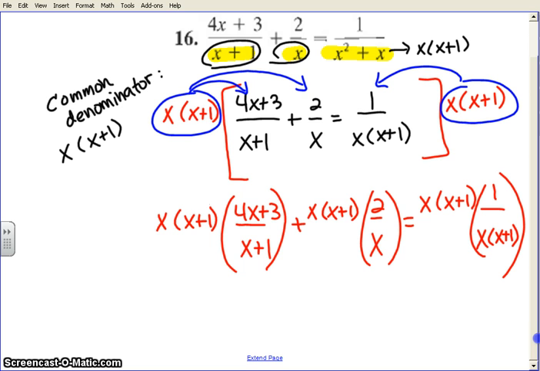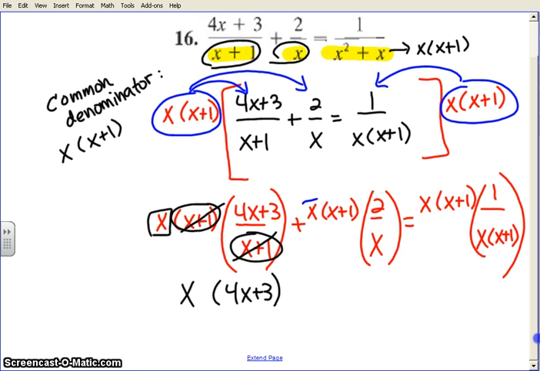So x plus 1 divided by x plus 1 is 1, so that leaves me with x times 4x plus 3. And then x divided by x is 1, so that leaves me with 2 times x plus 1.